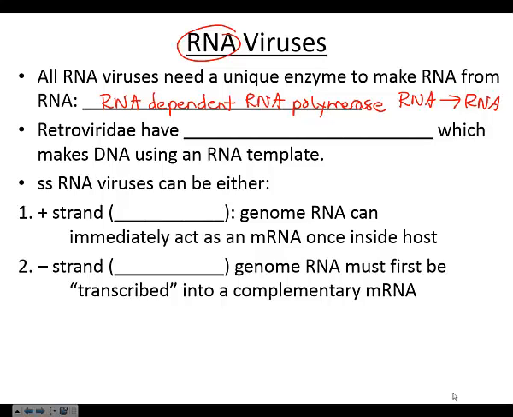Retroviruses, like the HIV virus, have another enzyme known as reverse transcriptase. This enzyme makes DNA from an RNA template, which is essentially the opposite of normal transcription.